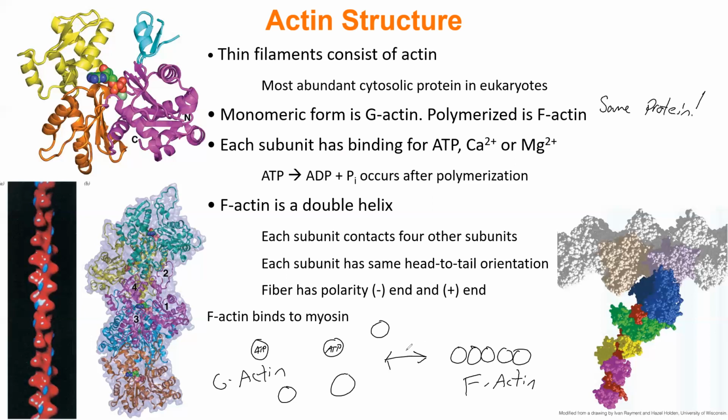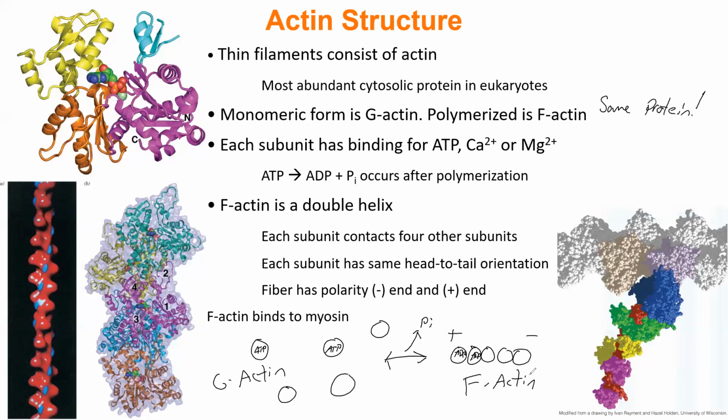Then when it becomes F-actin, it will go to ADP. And when we look at the structure of F-actin, it's a helix, a lot like DNA, and it does have orientation. It has a plus end and a minus end.